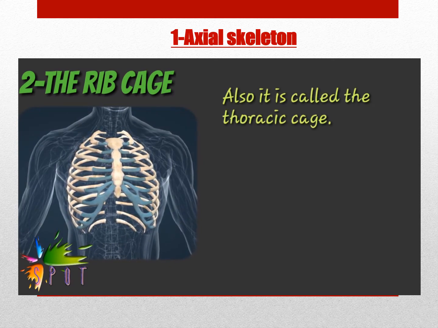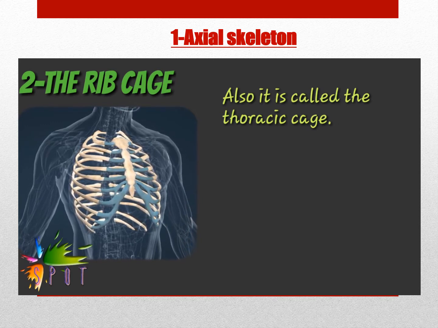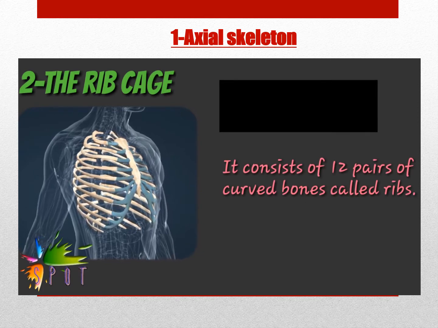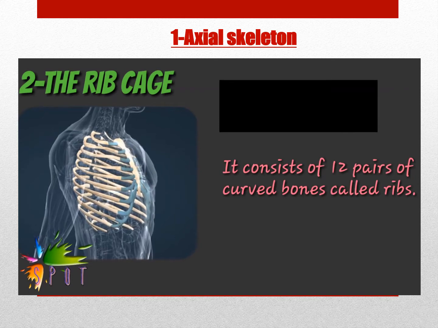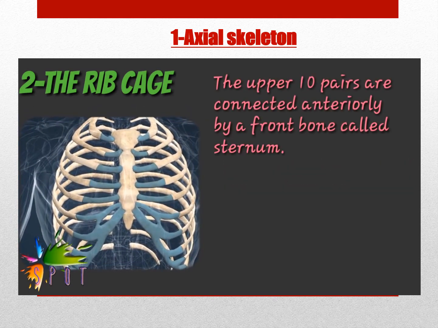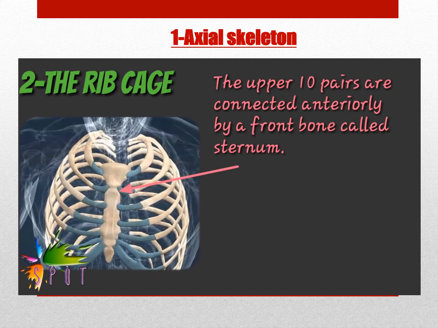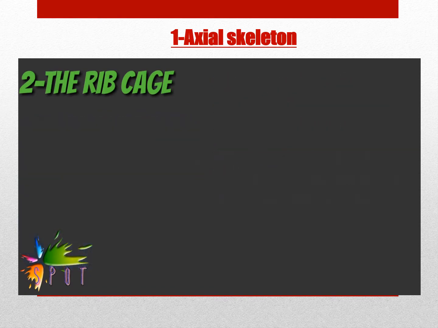The second part, the rib cage. The other name is the thoracic cage. It consists of 12 pairs of curved bones called ribs. The upper 10 pairs are connected together by the sternum.